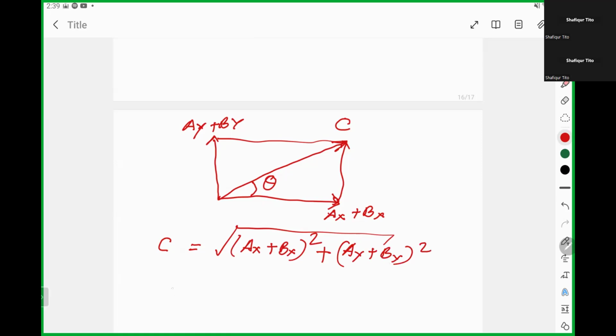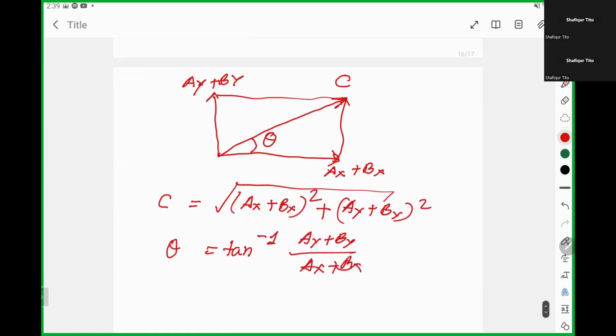And this angle I can find using tan: tan inverse of (Ay plus By) over (Ax plus Bx). Right? So this representation is called the rectangular representation because it is representing the two sides of a rectangle. So that's why it is called the rectangular representation.